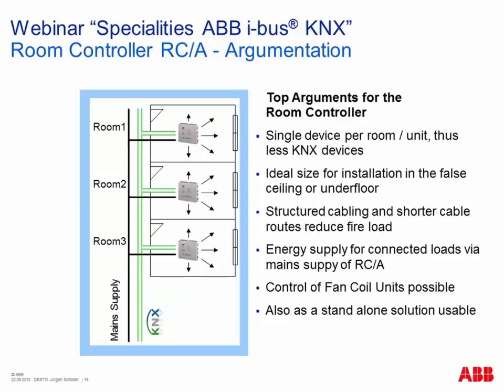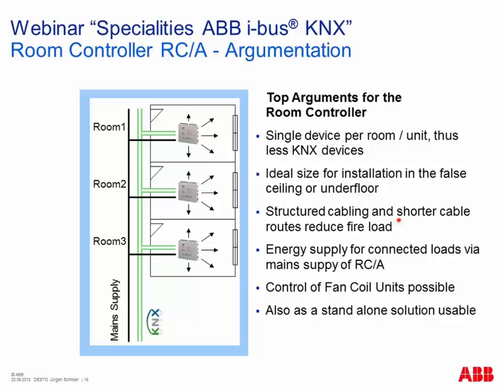Let's summarize the arguments for these room controllers. In principle, one device per room or per unit, depends what you have. You can use it also for 2-3 rooms together, for example. But in principle, due to the collection of inputs and outputs inside, you have fewer KNX devices necessary. Ideal size and dimensions for installation in the false ceiling or in the underfloor.